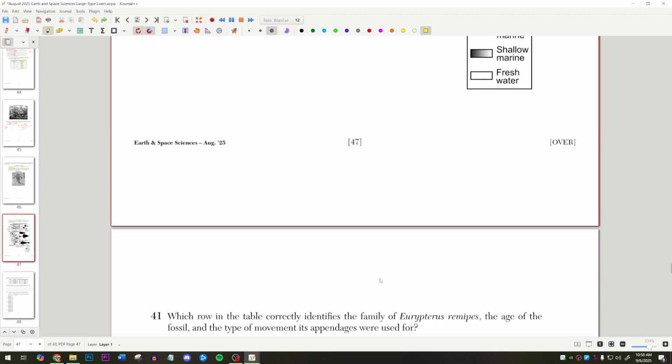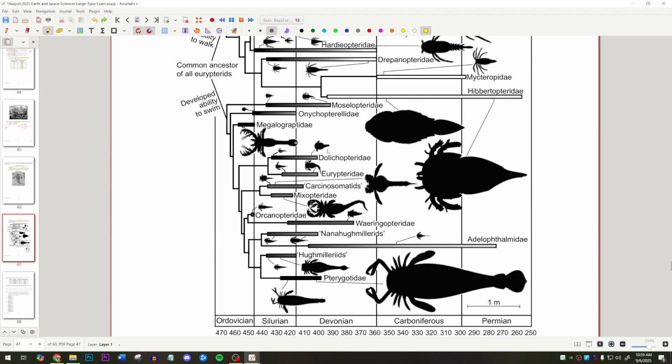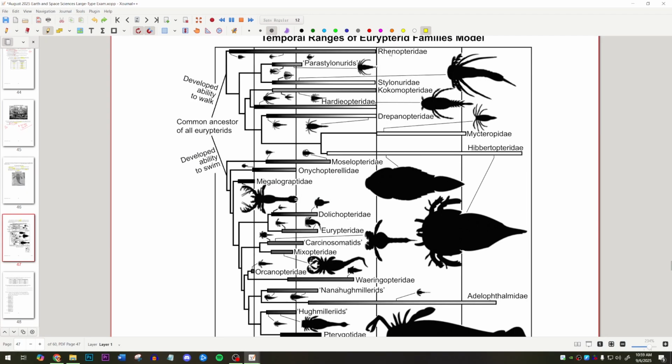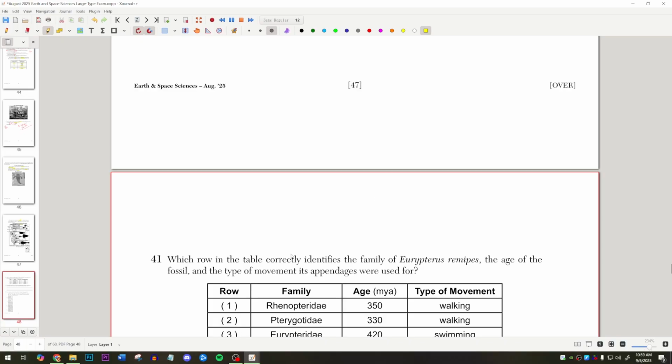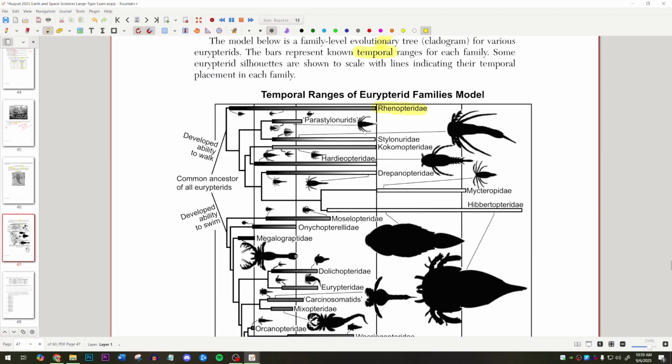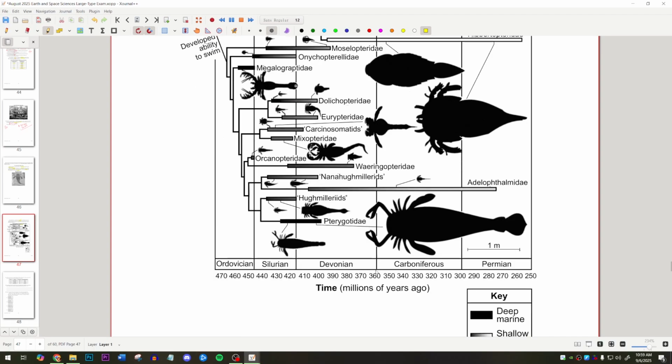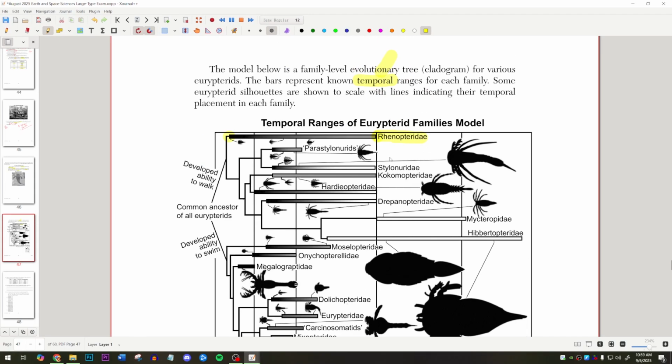Ready? Rhenopteridae. Is that 350 million years old? Let's find it. And where is the age of the fossil? Now, is it the end of the bar? Or was it right here? Or right there is the age? Is it 360 million years old of when it went extinct?